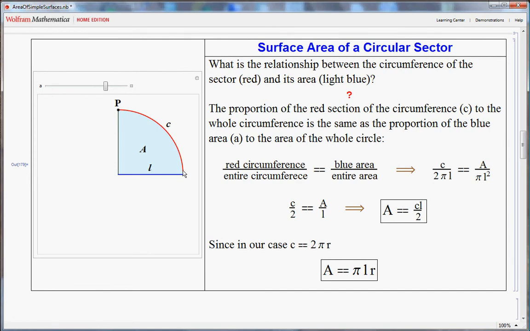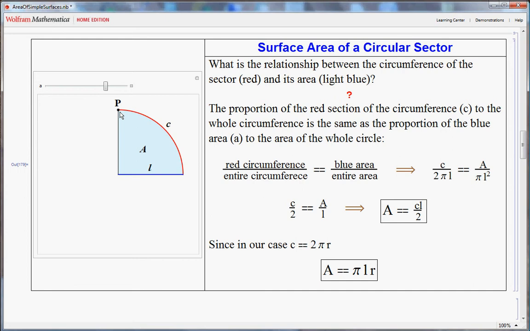Observe that the length of the red arc is equal to a quarter of the length of the whole circumference, because the whole circumference consists of 4 arcs like that. Similarly, the light blue area of the sector is a quarter of the area of the whole circle, because the whole circle contains exactly 4 parts like that.